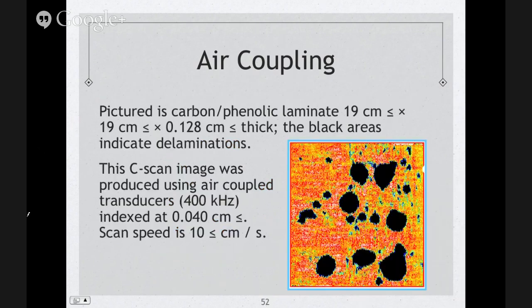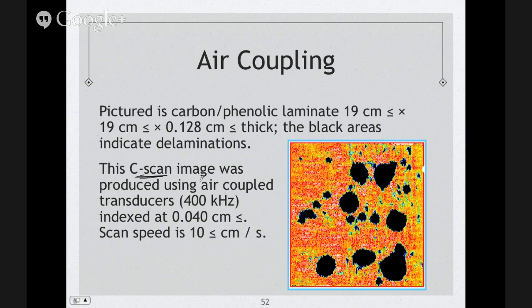Air coupling. The picture is a carbon phenolic laminate, 19 centimeters by 19 centimeters. The black areas indicate the delaminations. We know that because of the display, a C-scan, and the black areas would be delamination.